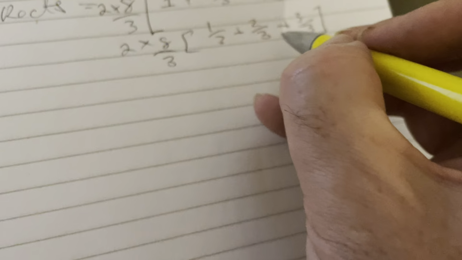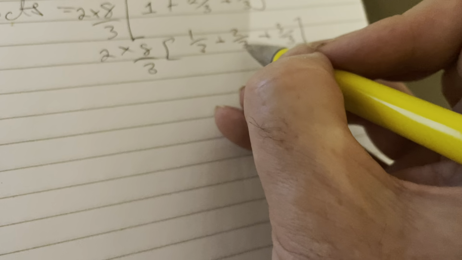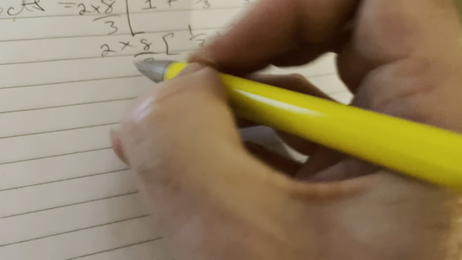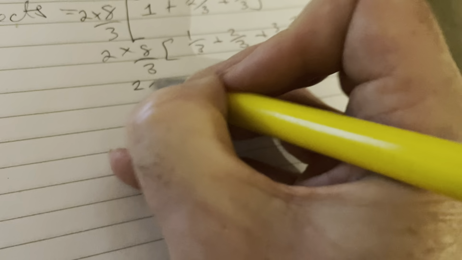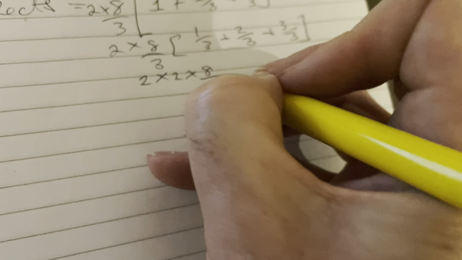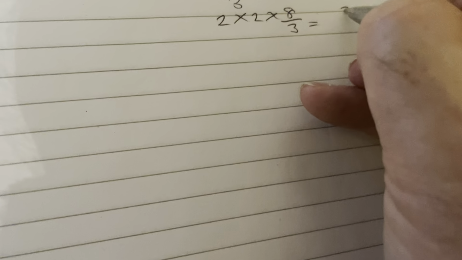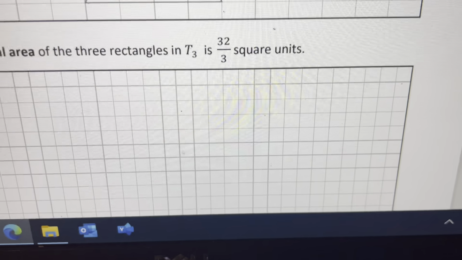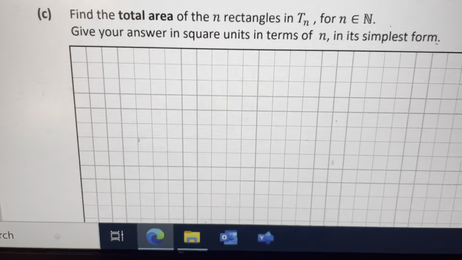Alright, so that is 3/3, so that's 2. So it's 2 by 2 by 8 over 3, which is equal to 32 over 3, which is, what are we told, yeah, QED, that's what we're asked to do.